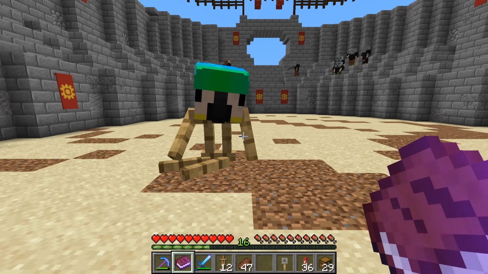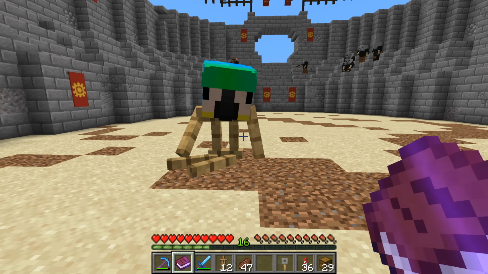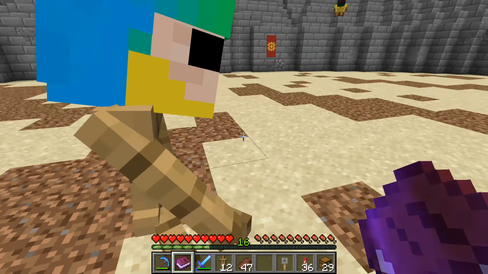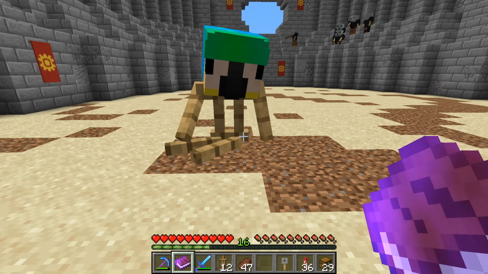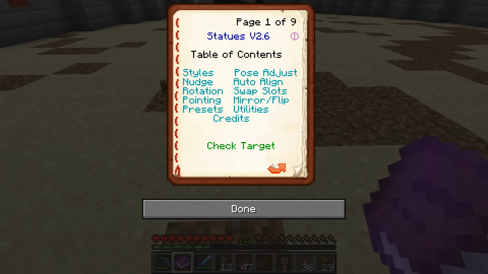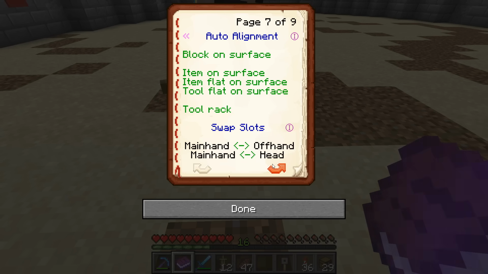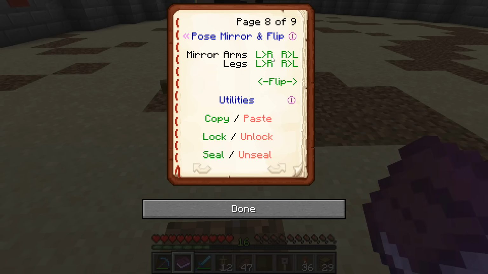All right, so this next page is less tweaking and more big changes, okay? So this is the Percy in a, what do you call it, a lazing pose, I suppose? Okay, so what I'm going to do is mirror the arms.